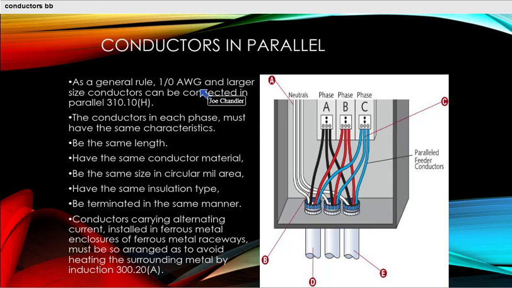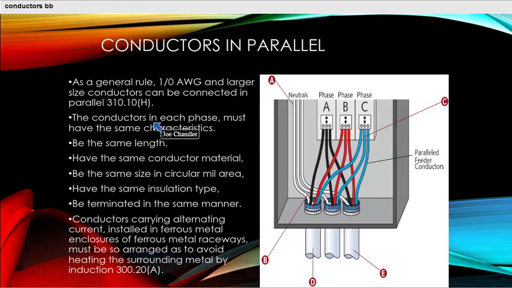So first off, as a general rule, 1/0 and larger, meaning the example I just used, having 1 amp wire and a 5 amp load, would not be applicable because it's too small. So typically and generally, we start off with a 1/0 and larger conductor.